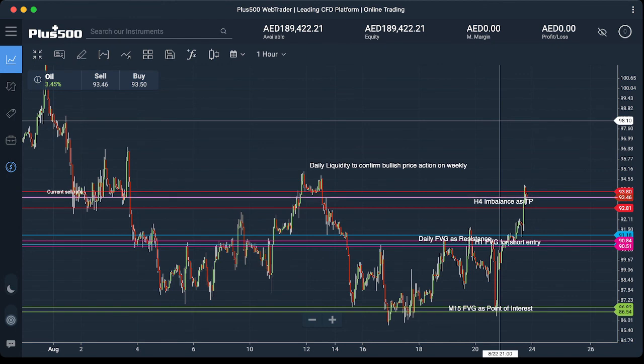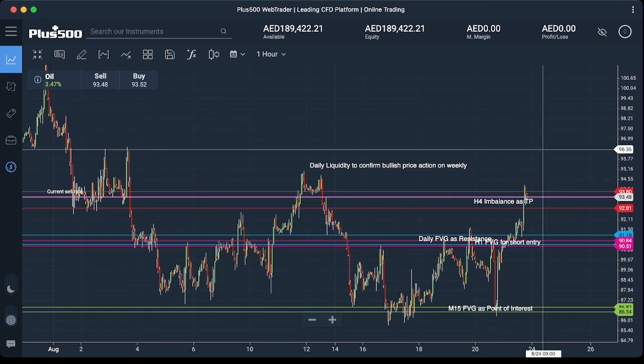So to be expected a strong bullish price action, but definitely we will need to have a pullback and come back to those points of interest which I'm highlighting for you to get perfect entries.